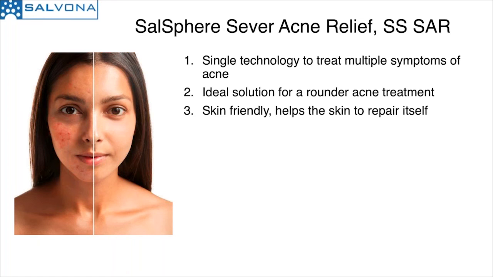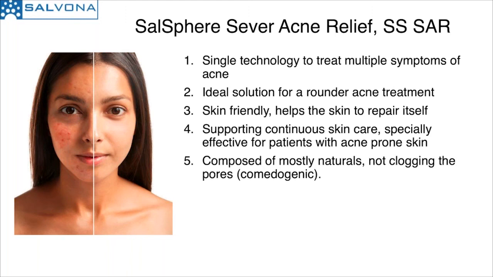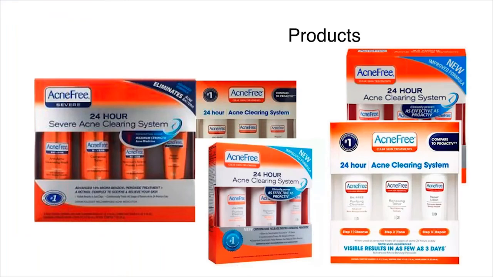It's supporting continuous skincare, especially effective for patients with acne-prone skin. It's composed of mostly natural ingredients that are non-comedogenic, which means they don't clog the pores. It has been used in the US in multiple products, claiming 24 hours, severe acne clearing, and so on.